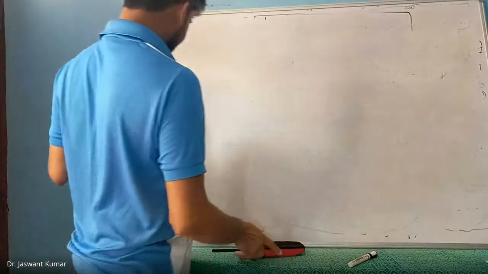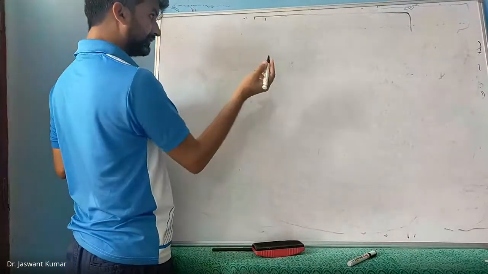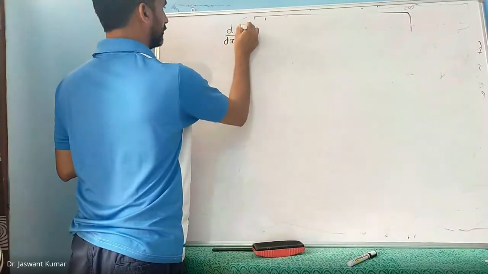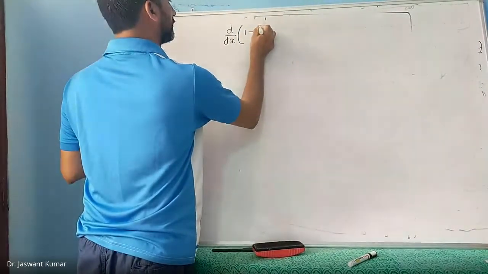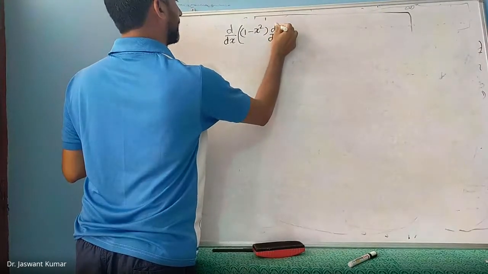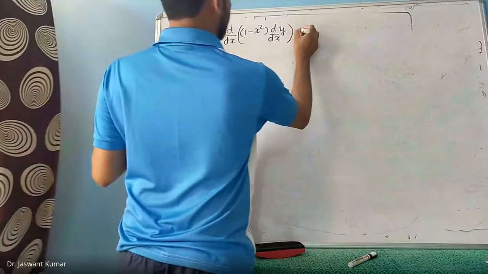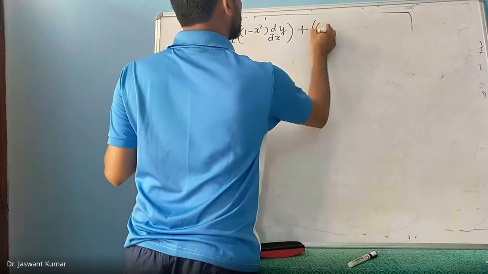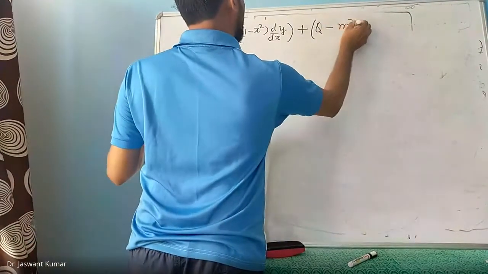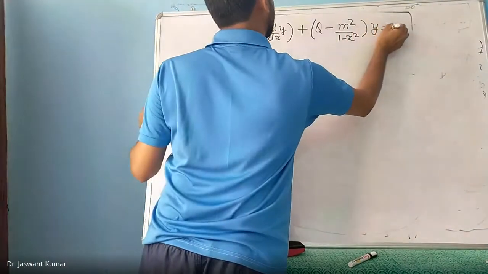So look, children, our equation was d by dx of (1 minus x squared) d by dx of y, plus [q minus m squared by (1 minus x squared)] y is equal to 0.